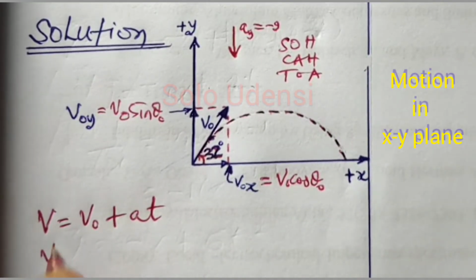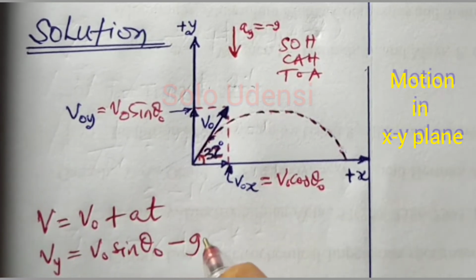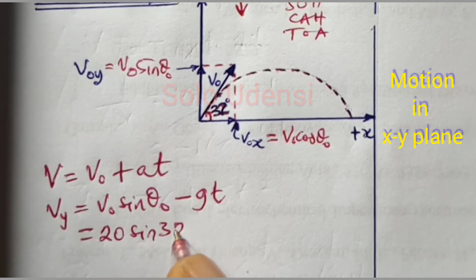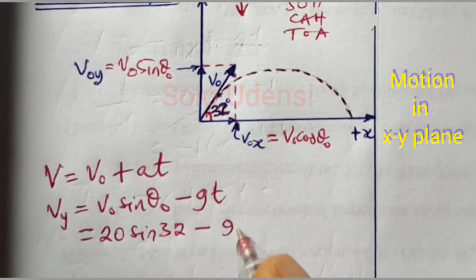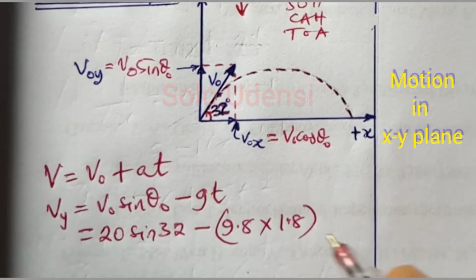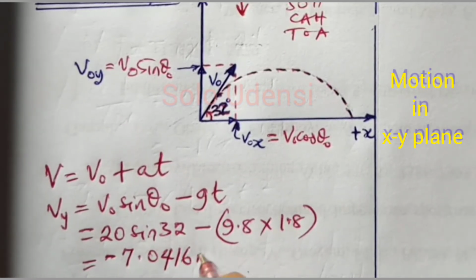For the y component, we get v y is equal to v naught y, which is v naught sine theta naught minus g t. So we will now have 20 sine 32 degrees minus 9.8 times 1.8, and that will give us minus 7.0416 meters per second.